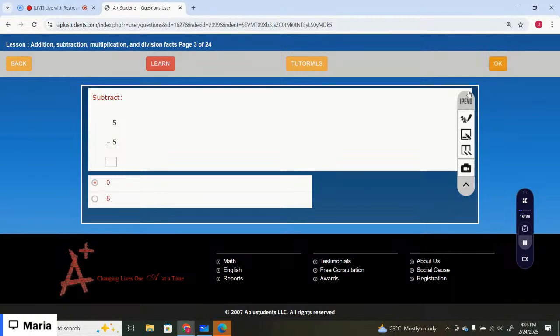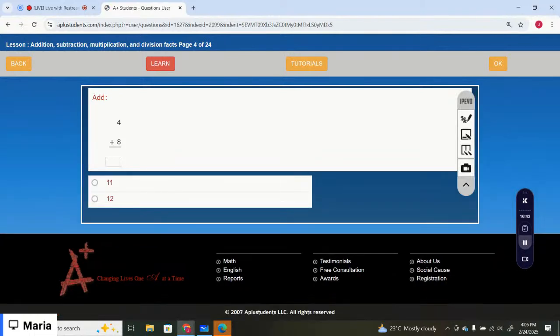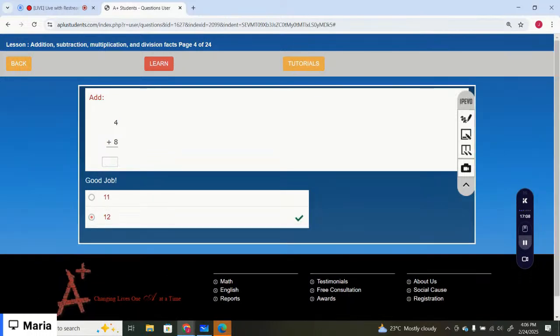Subtracting a number from itself always makes 0. 8 plus 4, which is the correct option? 8 plus 4 makes 12. Option number 2 is the correct option.